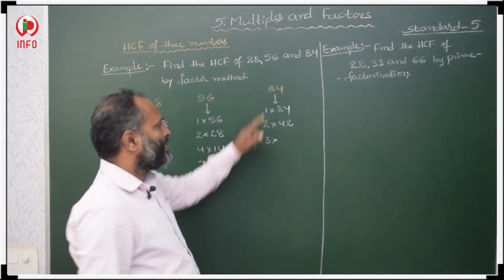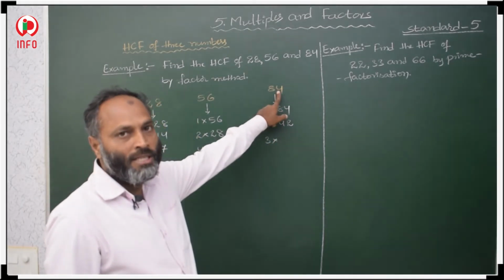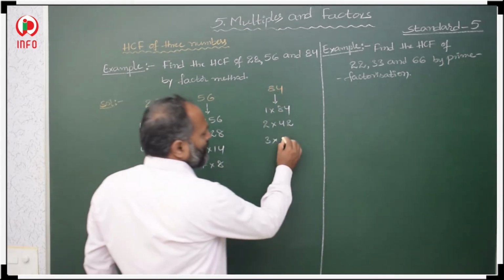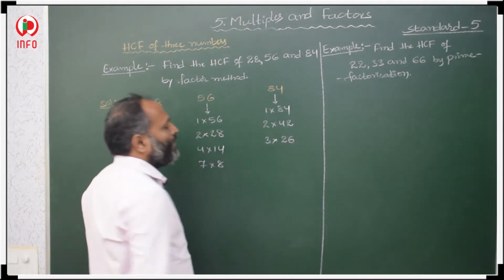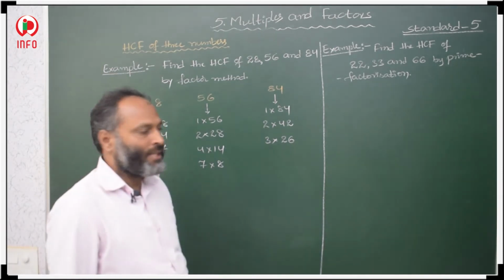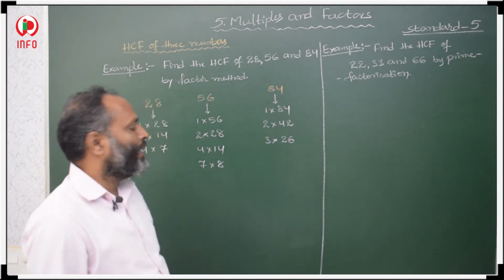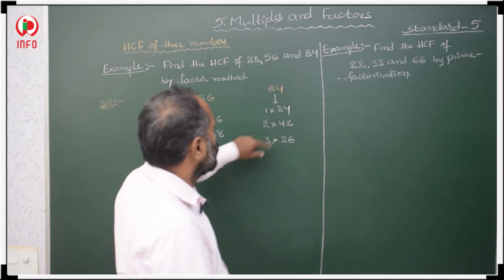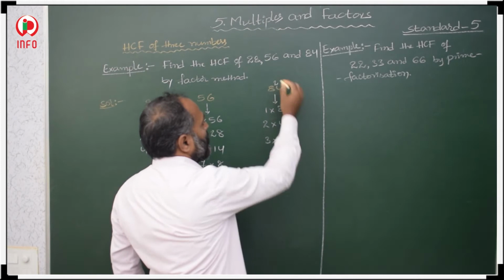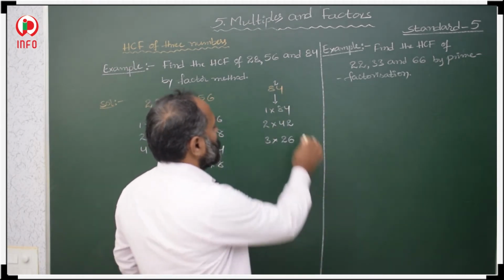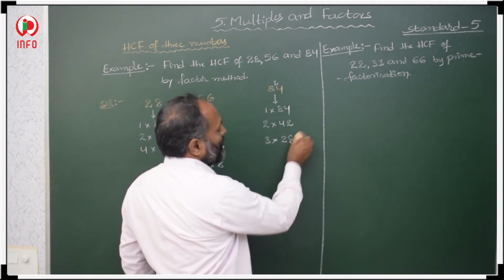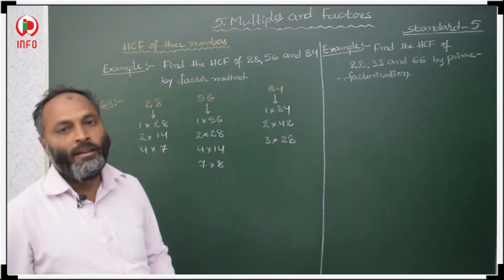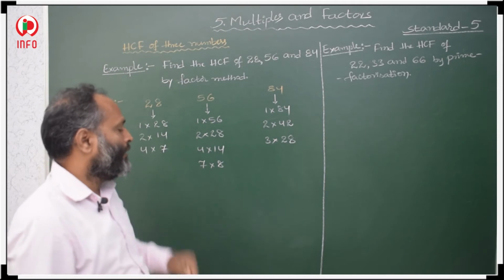The sum of the digits 8 plus 4 is 12, and 12 is divisible by 3, so 84 is divisible by 3. 3 28s are 84.